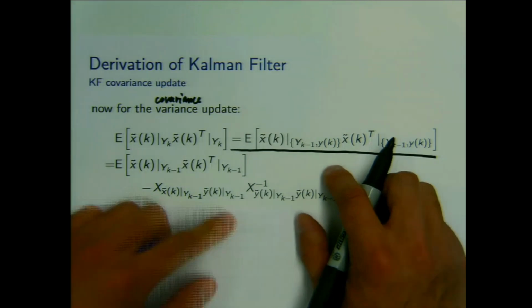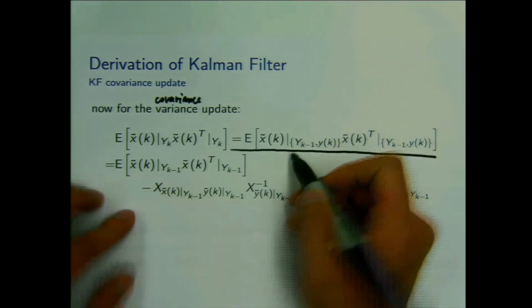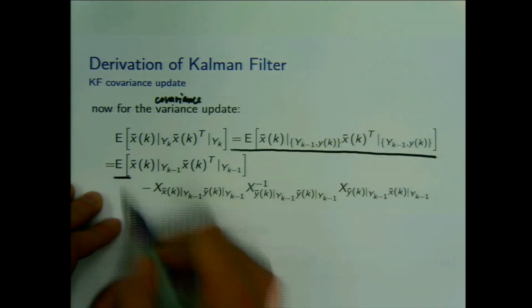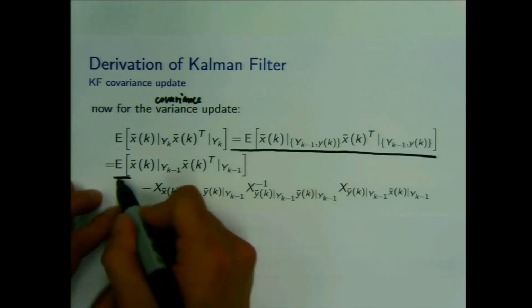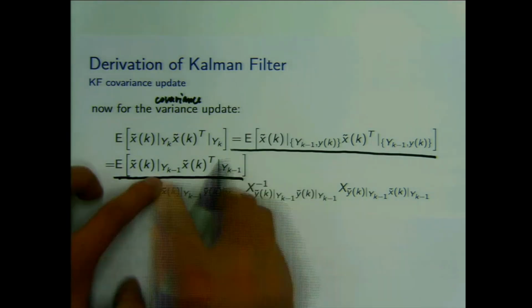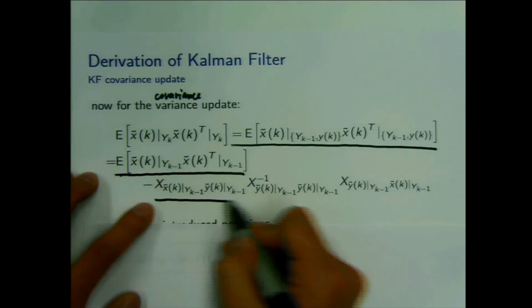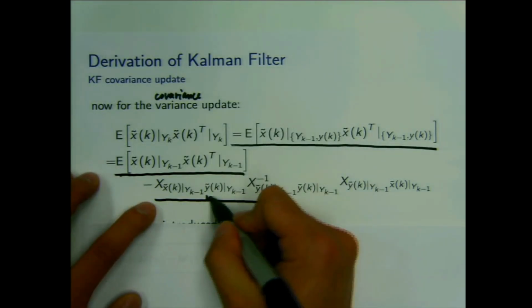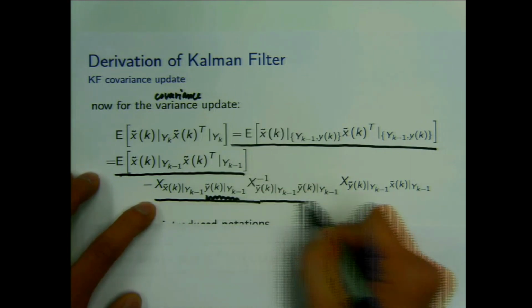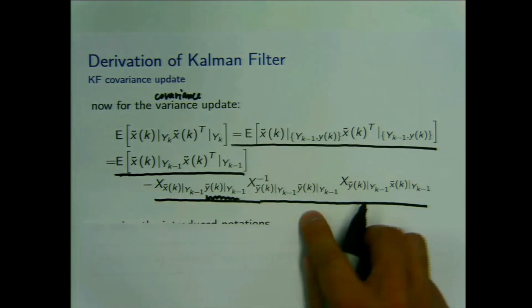First of all, I try my best to update using all the information up to k minus 1, and then I improve my estimate using the additional information given by yk. So this is exactly property 3 of least squares estimation.